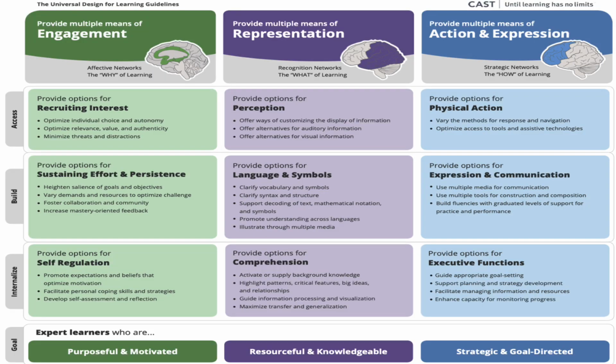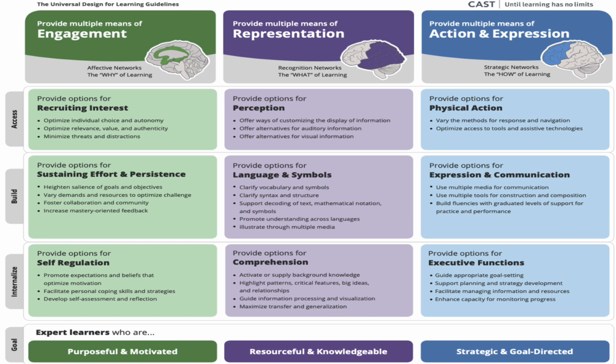Under multiple means of engagement, guideline 1 is provide options for recruiting interest. This is built upon by the next guideline, provide options to sustain effort and persistence. And then finally, with the right types of supports, individuals are able to self-regulate, so we provide options for self-regulation to a level of monitoring, etc.